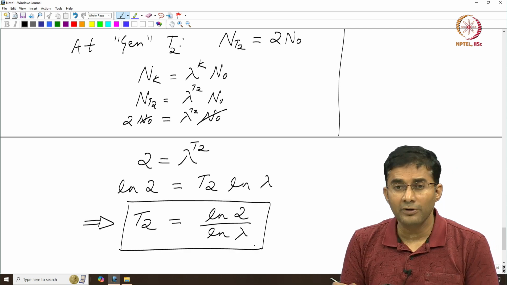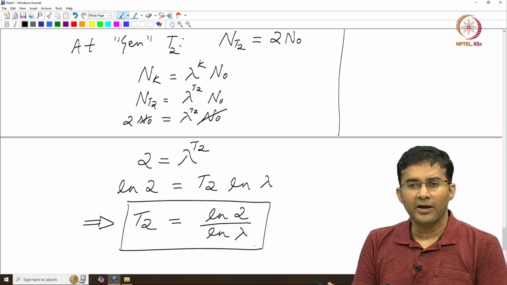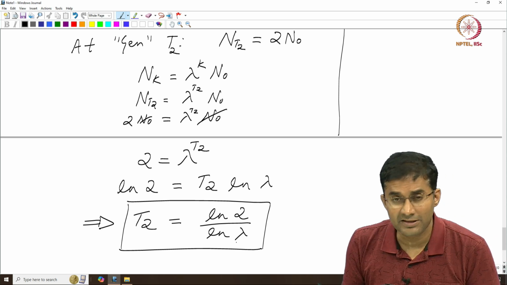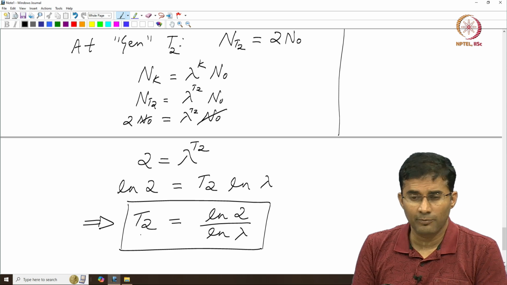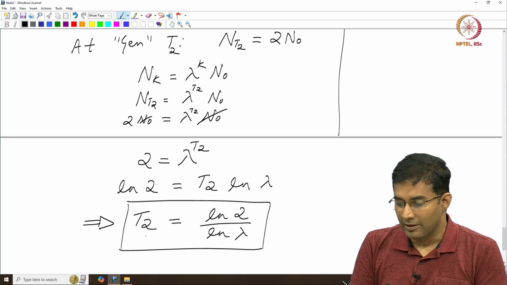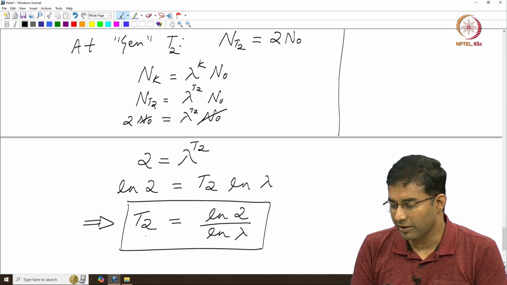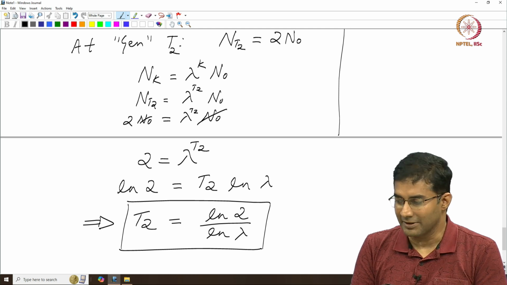What this formula tells us is, if I know the growth factor per generation lambda, I can calculate how long it takes for the population to double from this simple formula of logarithm of 2 divided by logarithm of lambda.